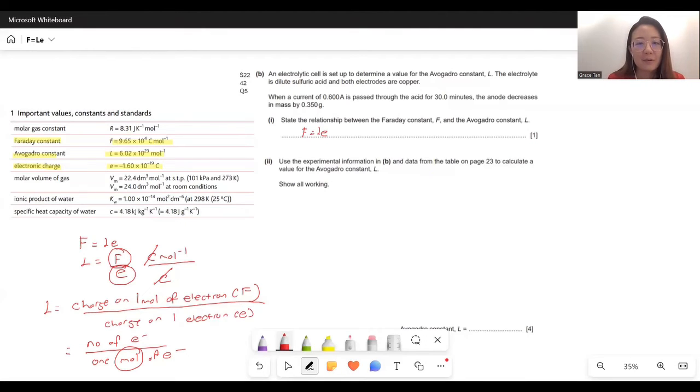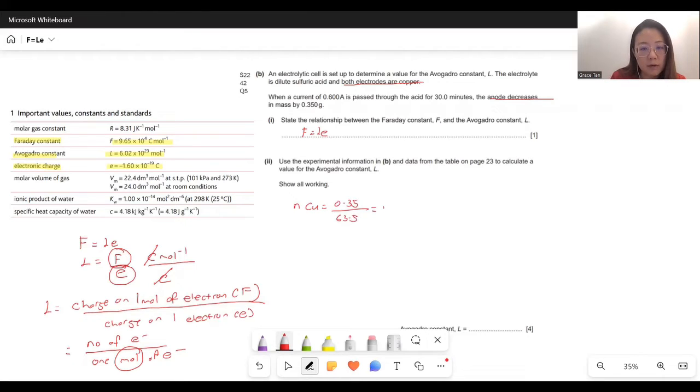Number 2, use the experimental information and the data previously to calculate a value for the Avogadro constant. First, we want to calculate the number of moles. The anode is copper because they said both electrodes are copper, and the anode decreases. So first we're going to calculate the number of moles of copper: 0.35 divided by 63.5.